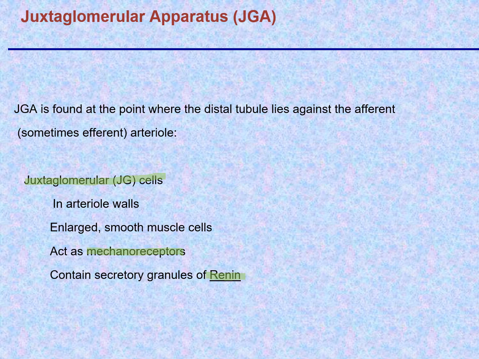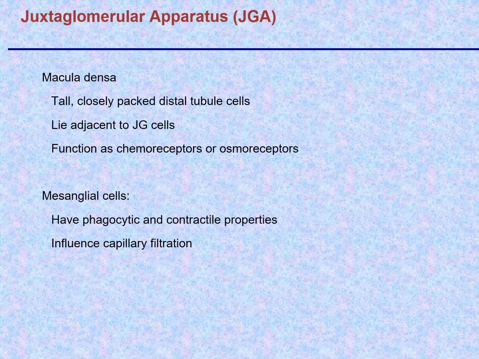It's not only made up of juxtaglomerular cells, but also the macula densa cells and the mesangial cells. The macula densa cells act as chemoreceptors or osmoreceptors. They monitor the quality of the fluid in the distal convoluted tubule. I'll talk later about the physiological function of the juxtaglomerular apparatus.